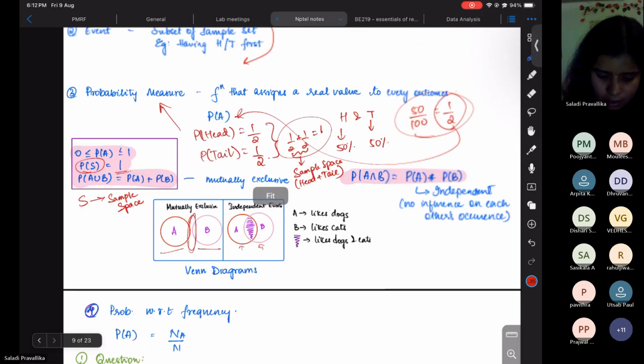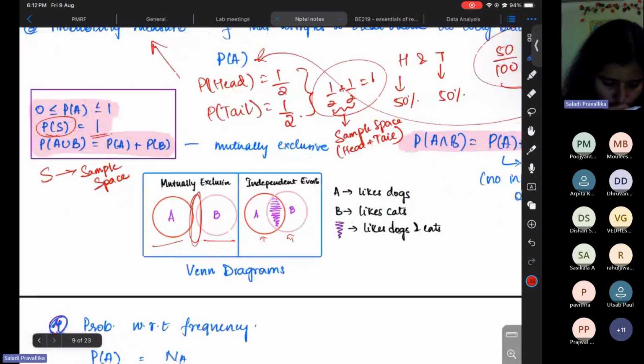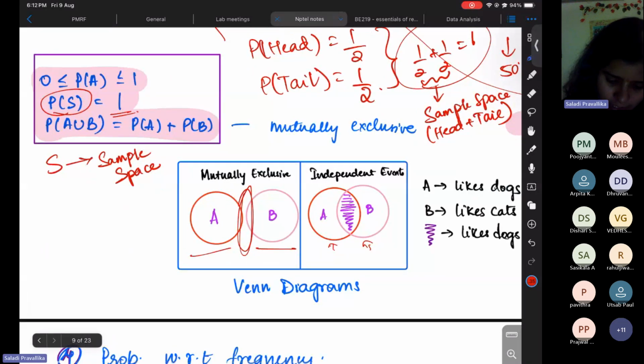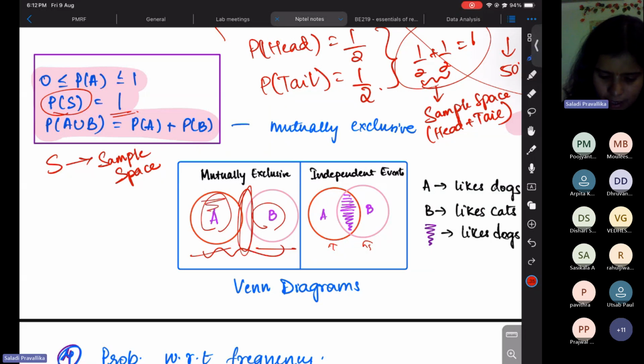So for mutually exclusive events, if I'm going to take the union of A and B, then it is going to be nothing but the addition of A and the addition of B. Am I right or wrong?